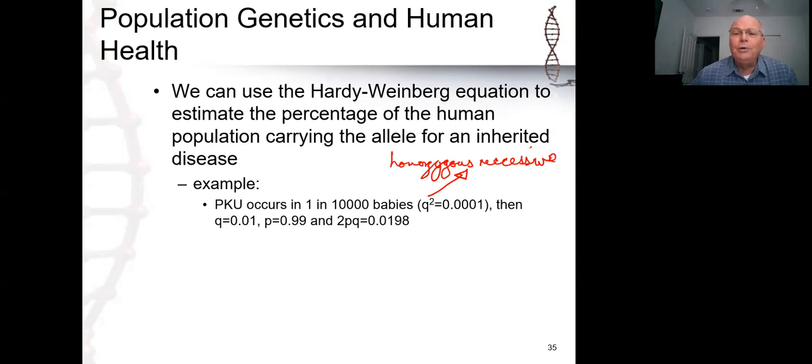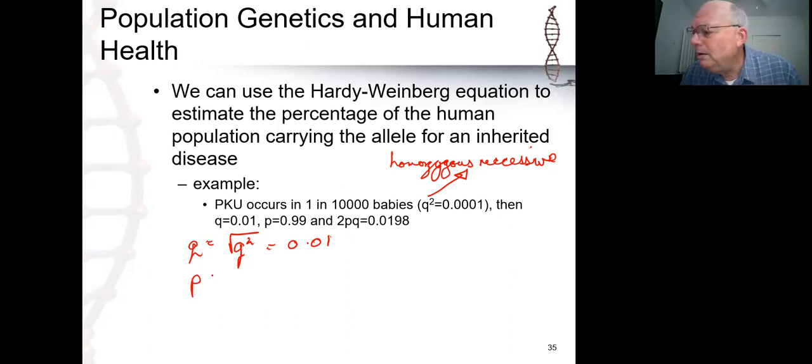So q squared automatically equals 0.0001. So q, the frequency of the PKU allele in the population, represents the square root of q squared. So q equals the square root of q squared, which equals 0.01.